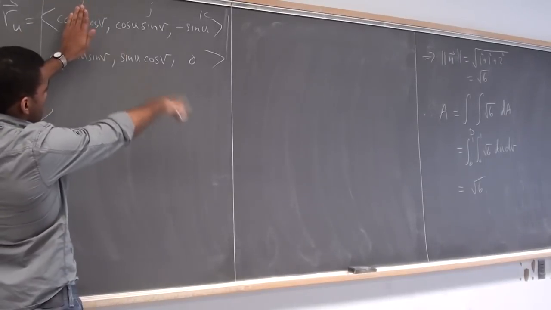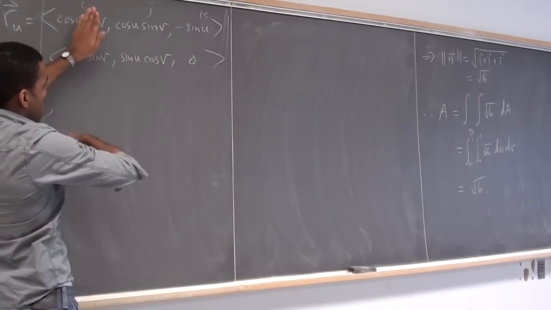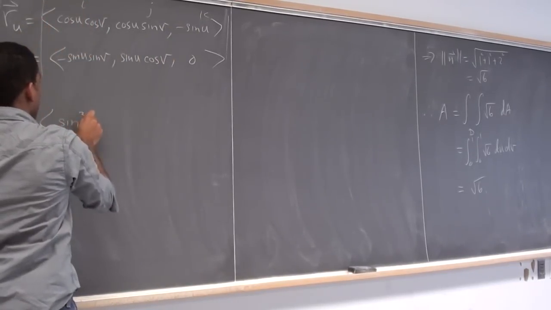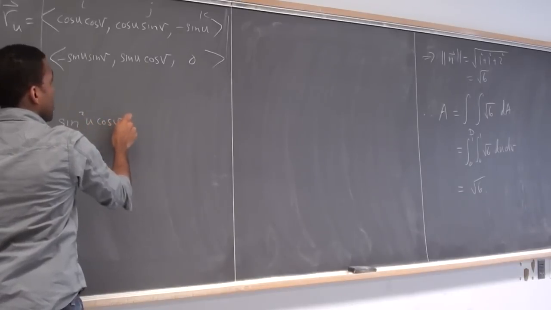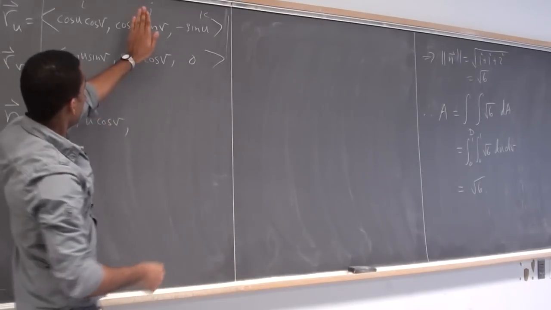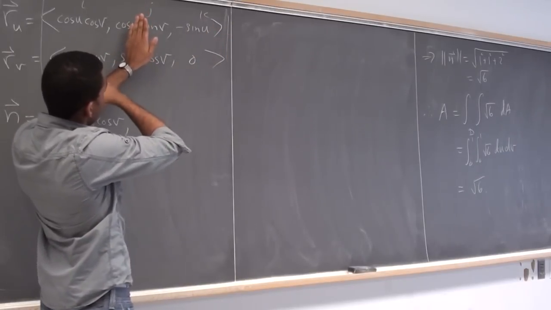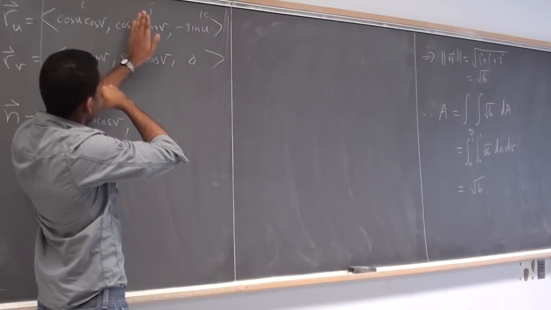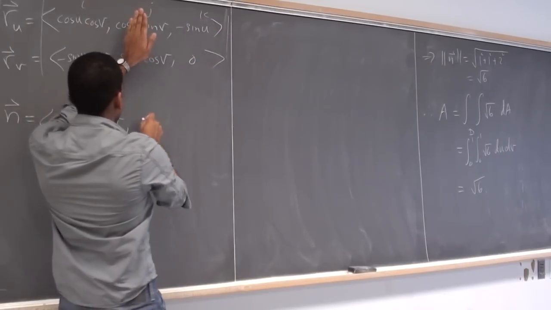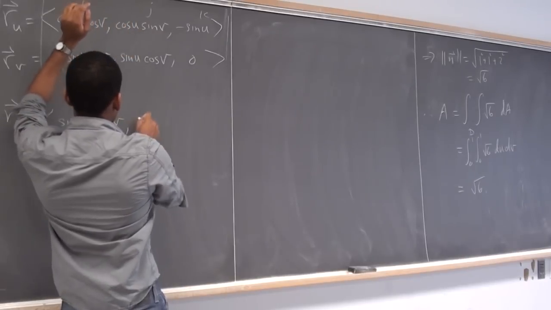Plot this one out, that's 0 minus this, which makes it positive. That's sine squared u cosine v, right? Plot this one out, that's 0 minus this, which would be positive.